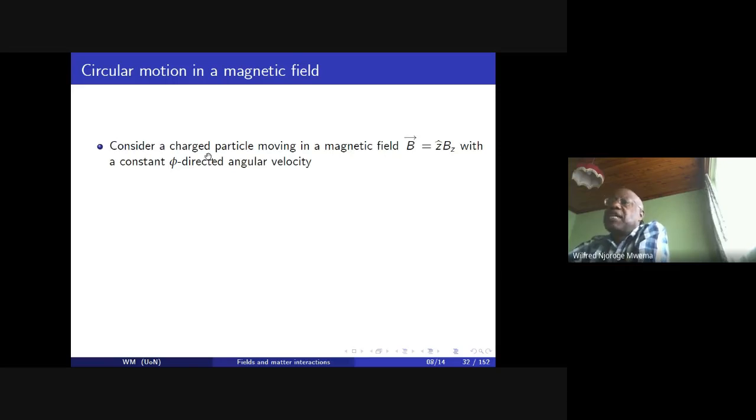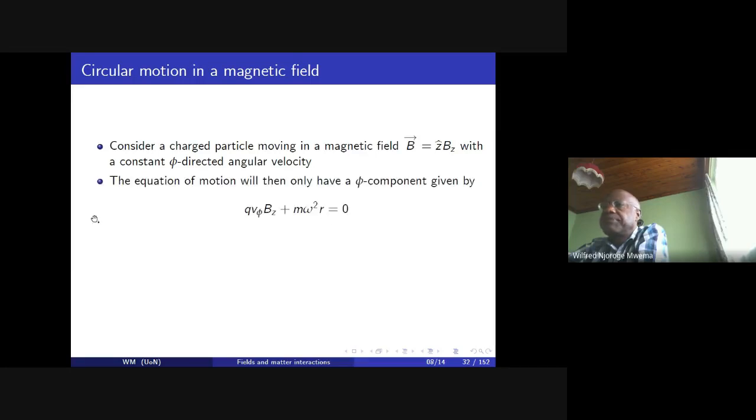So, how do charged particles move in magnetic fields? We consider a charged particle that is moving in a magnetic field B that is assumed to be directed along the z-axis, with a constant phi-directed angular velocity. That is, the particle is moving around with a constant angular velocity omega, so to speak.